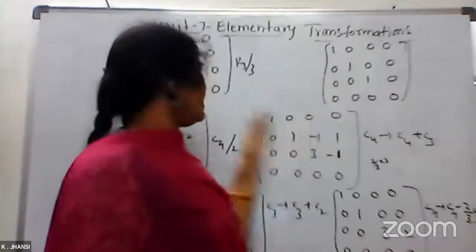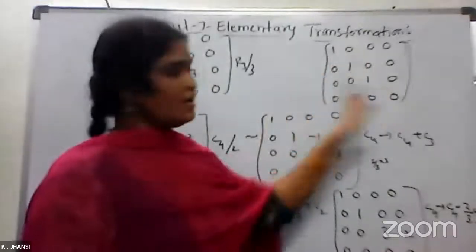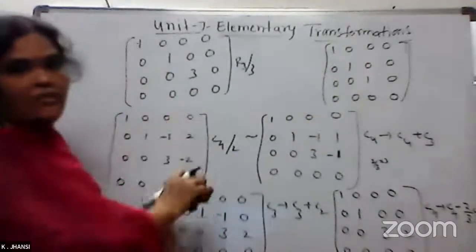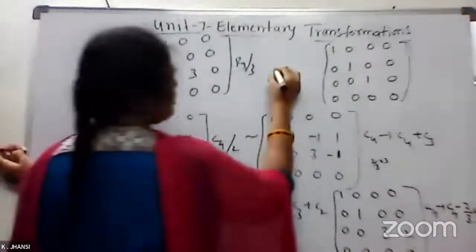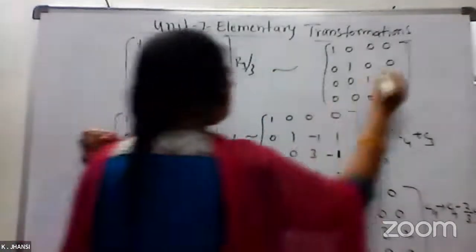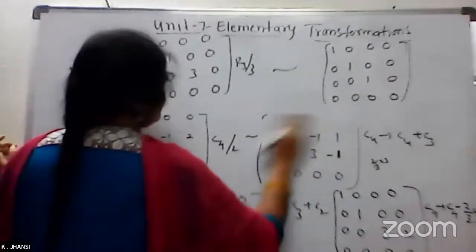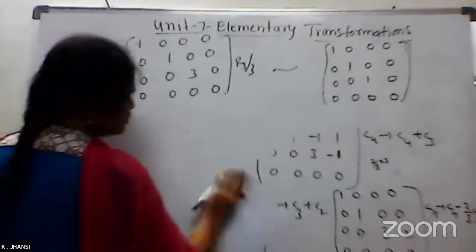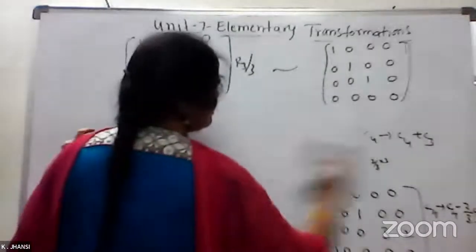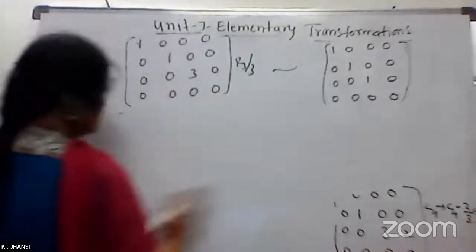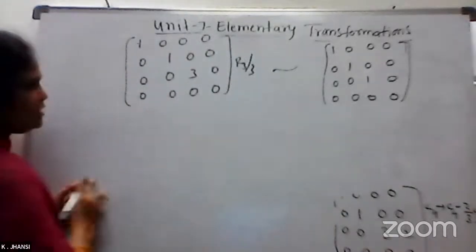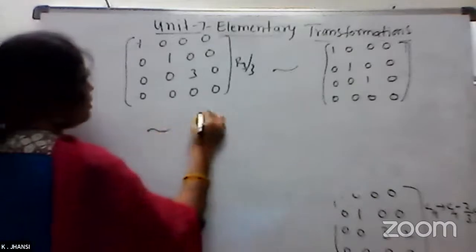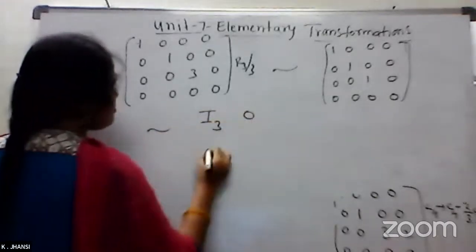So the given matrix is converted to I3. This is the procedure of finding the rank of any matrix by reducing it to normal form.